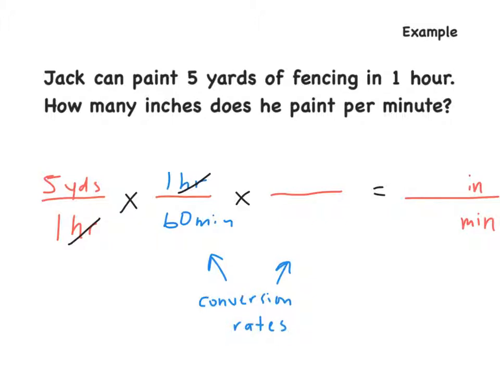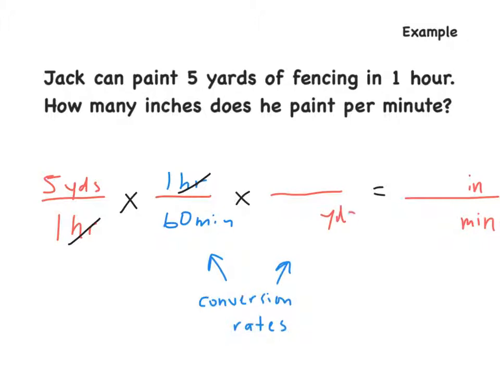All that we have left are the minutes. Now, we have minutes and minutes. So we've converted minutes to minutes. Now we need to convert yards to inches. So in this case, remember, if yards are up top, it needs to go straight down.